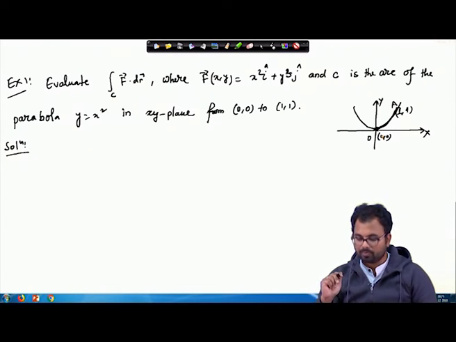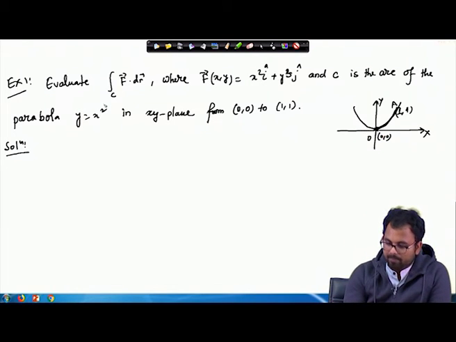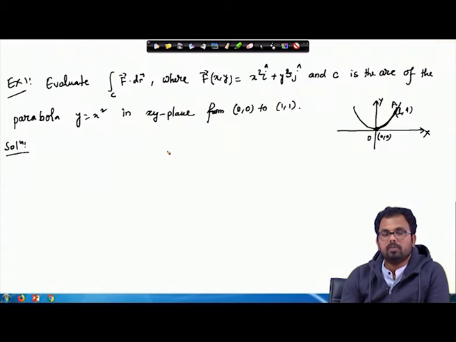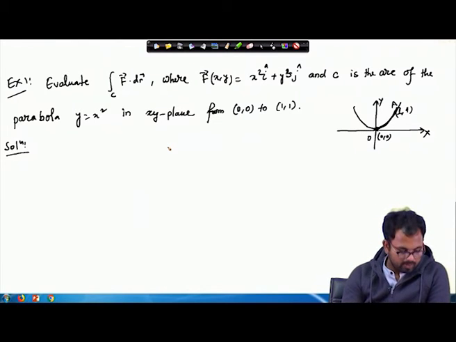So, now we form a parametric equation. That means we involve a parameter t, and we find the range for that parameter t, which will satisfy this parabolic equation.